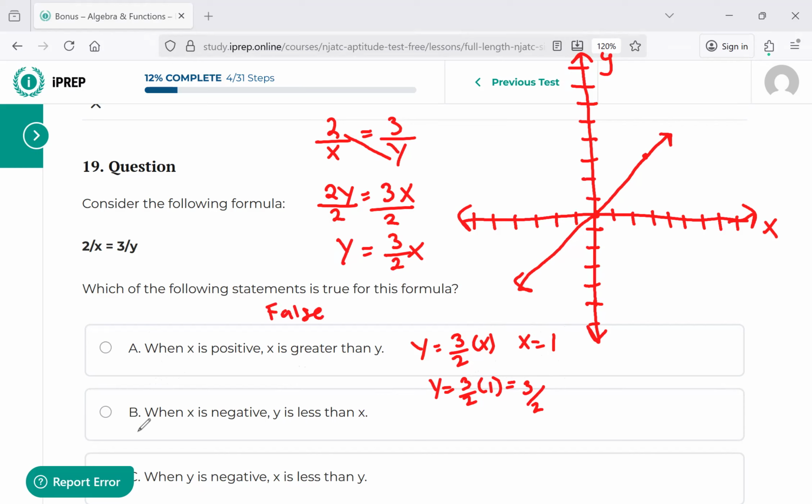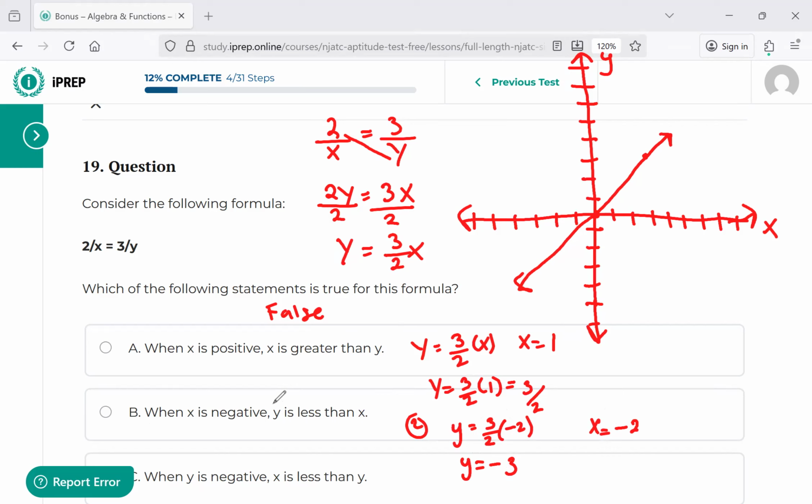What about B? When x is negative, y is less than x. Let's try x equals -2. So y equals 3 halves, and then x is -2. I could have used -1, but you'll see why I stick with -2: I don't want to deal with decimals. So what's 3 halves times -2? It would be -3. Okay, so is this true?